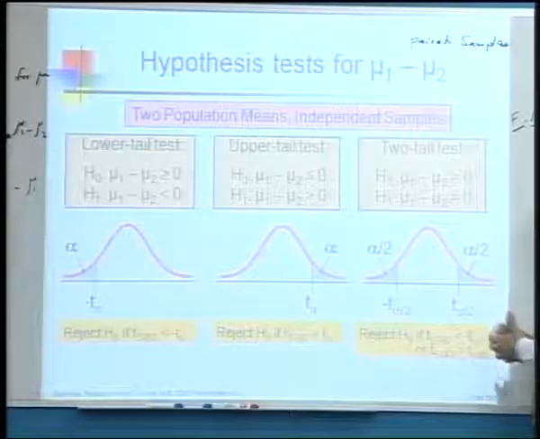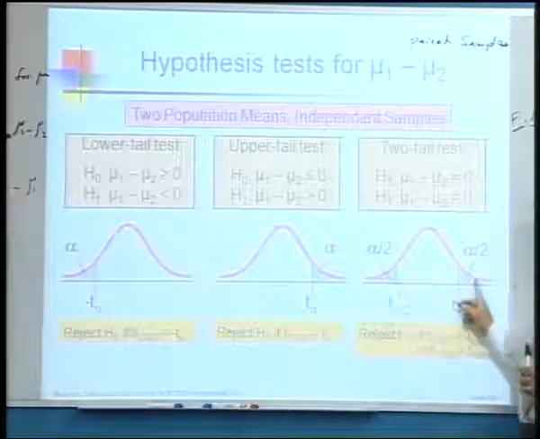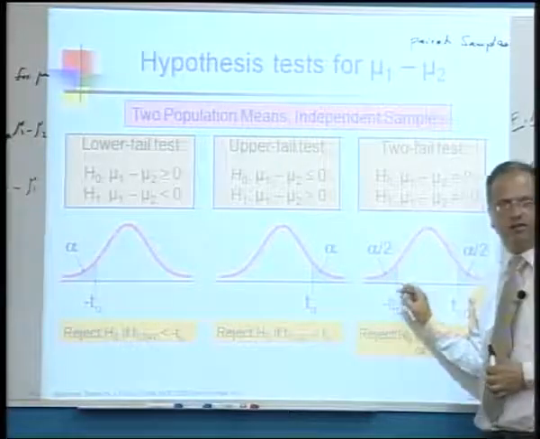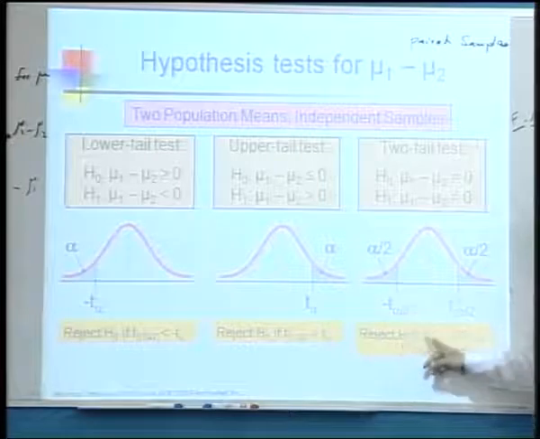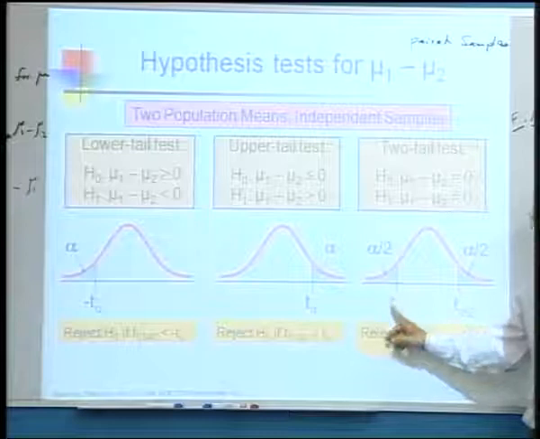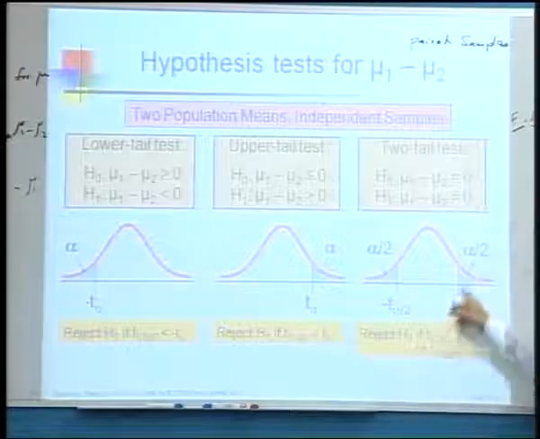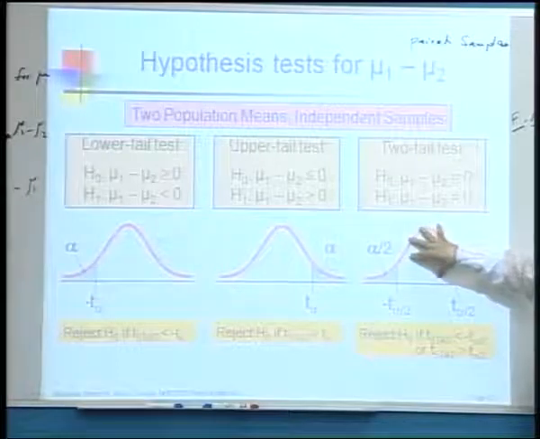In this case, if this statistic lies in this region or the other one, we have to reject the null hypothesis. That means we reject the null hypothesis if t stat is less than negative t alpha over 2, or if the t statistic is greater than t alpha over 2. So the same as we discussed before.